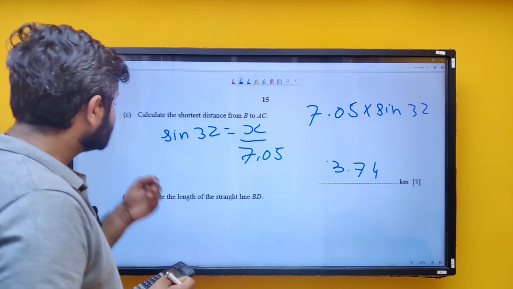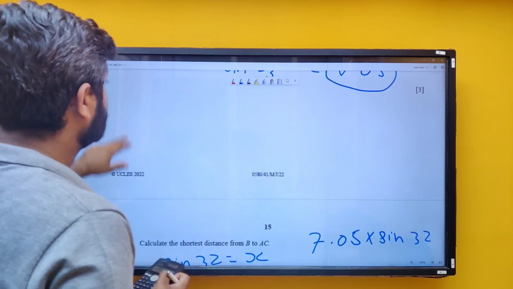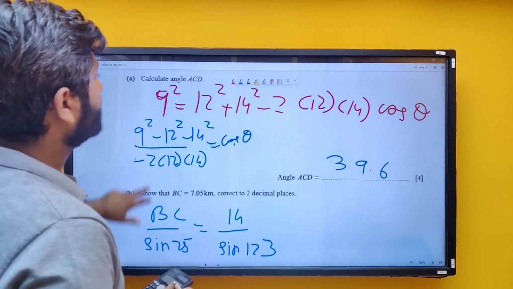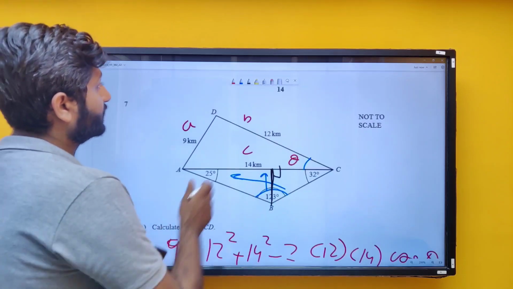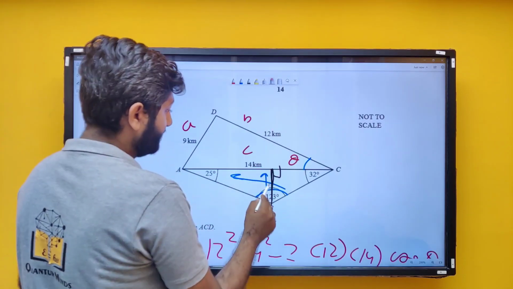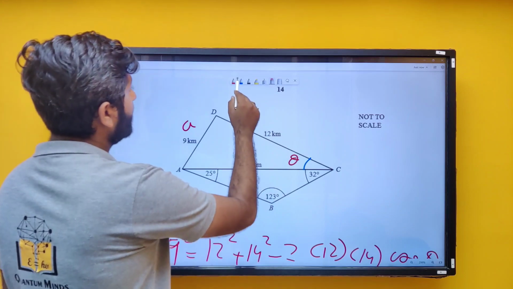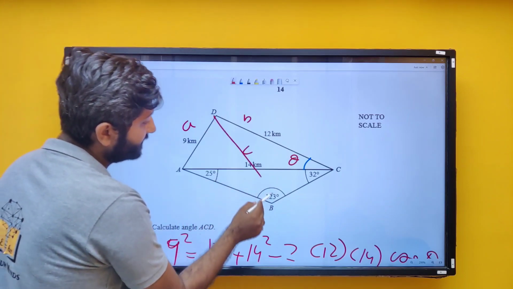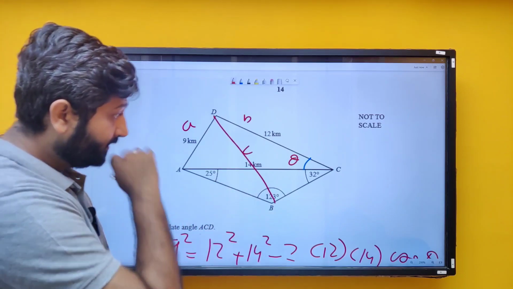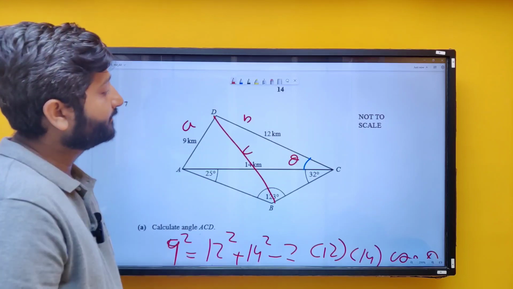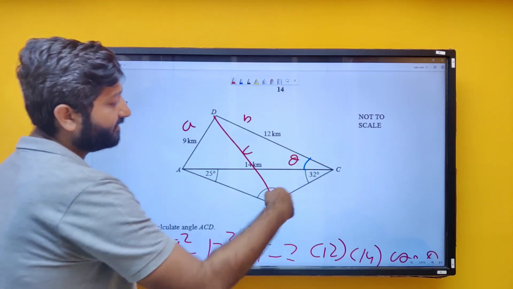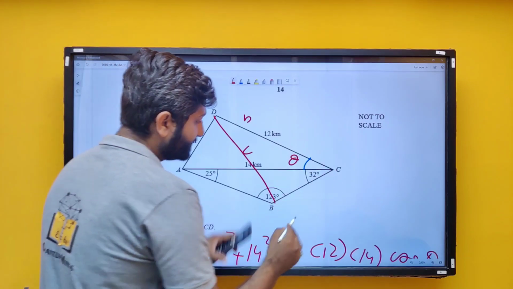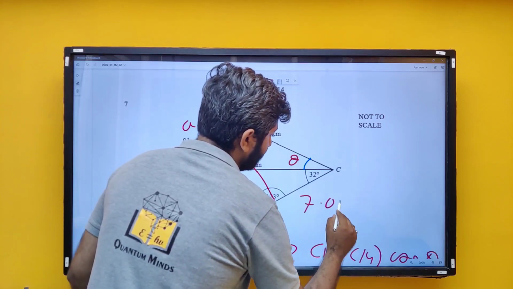Calculate the length of the straight line BD. Let me just erase this part. I'm supposed to calculate the length of this straight line BD. Now how can I do that? I have found BC, which is 7.05.